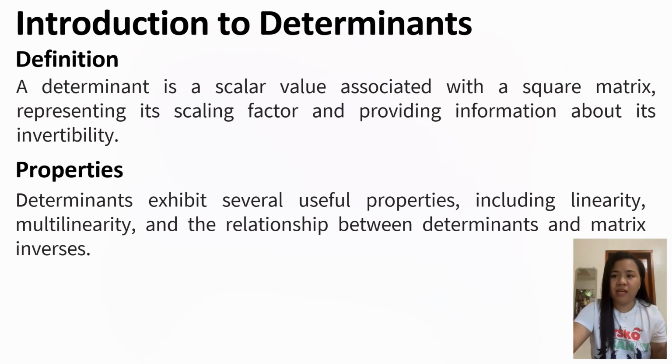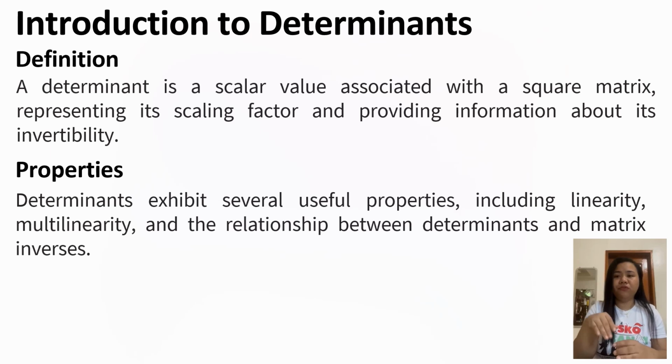Before diving into the computational techniques, it's helpful to outline key properties of determinants that influence computational approaches. When we say invertibility, a matrix is invertible if and only if its determinant is non-zero. Linearity: the determinant is a linear function of the rows or the columns of the matrix.